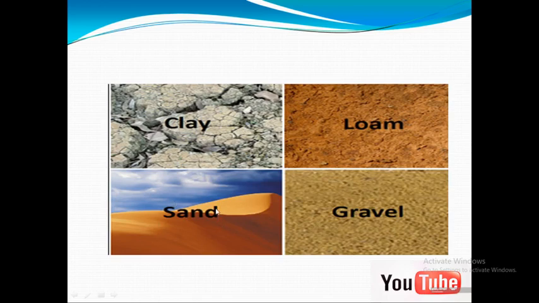This is sand. This is clay. And gravel, small stones, and loamy soil holds water and does not let it move freely. So these are the four types of soil.